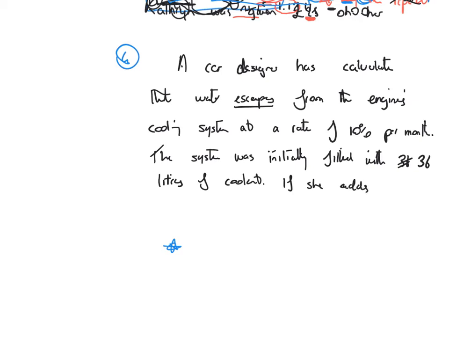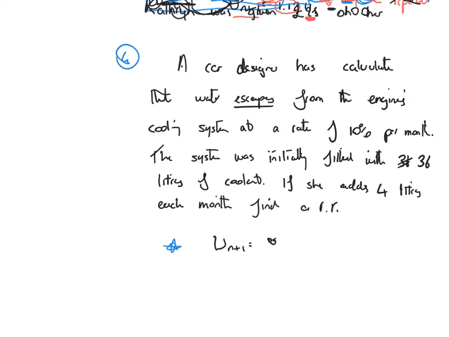If she adds 4 litres each month, find a recurrence solution. Okay, look for two things in the question that repeat.